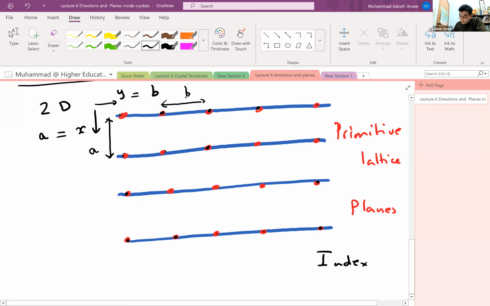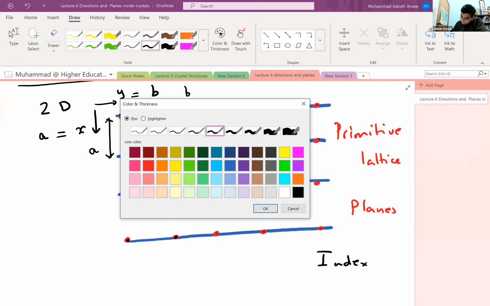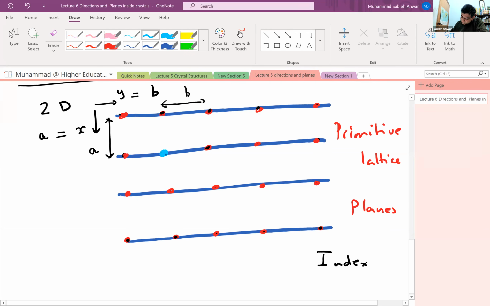So what I do is I start from any lattice point here and move along the X direction. And I would like to see how many crossings of planes do I get while I make a hop from one lattice point to the next lattice point.